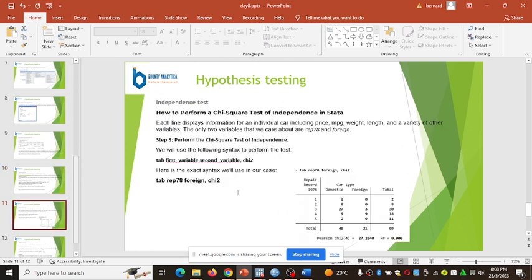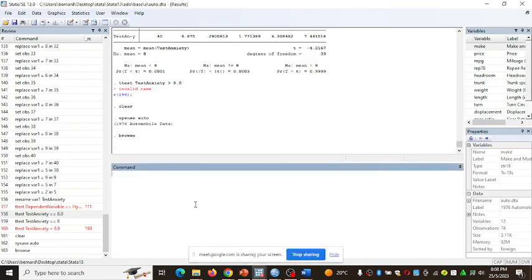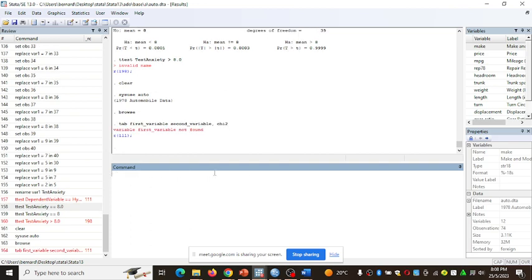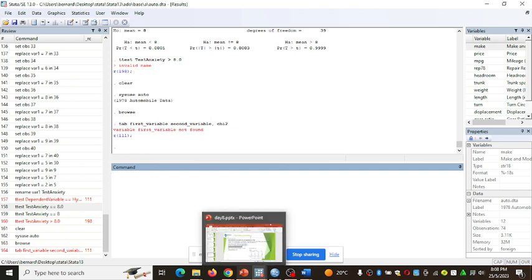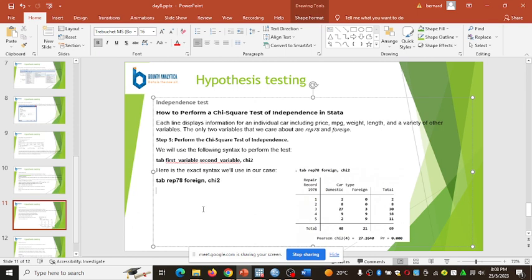So we just do the test, first variable. Oh, that was not for this part, so we are using the second one, this one here.